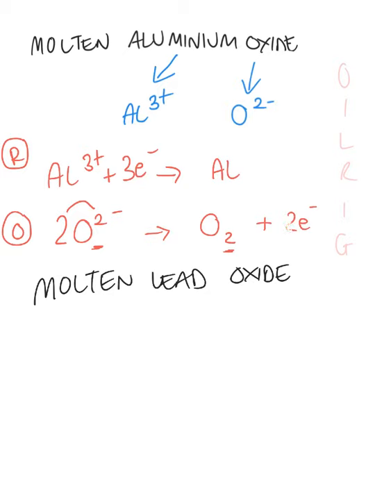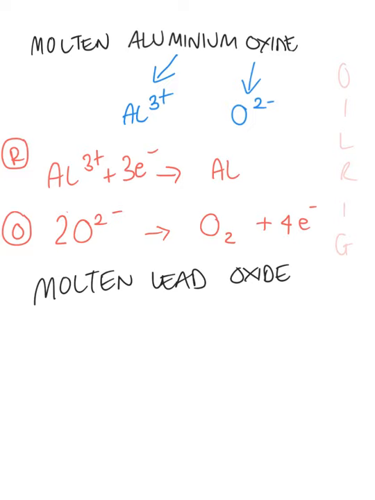That must be balanced out by 4 electrons here, and it would be 4e-. I'll rub out the annotations that I did to make it a bit easier to read. Okay, that's your half equation for molten aluminium oxide.